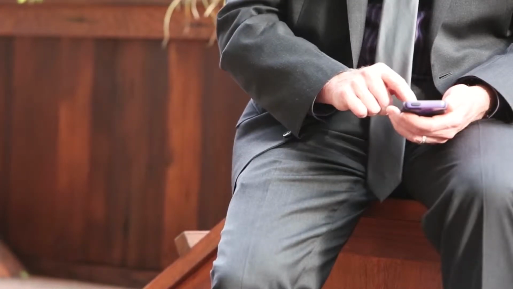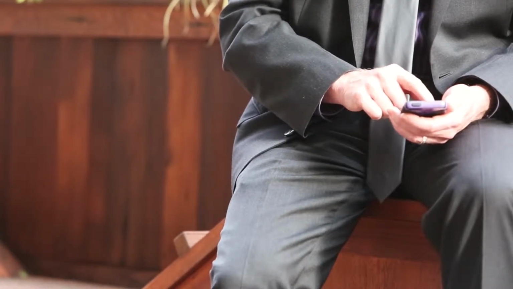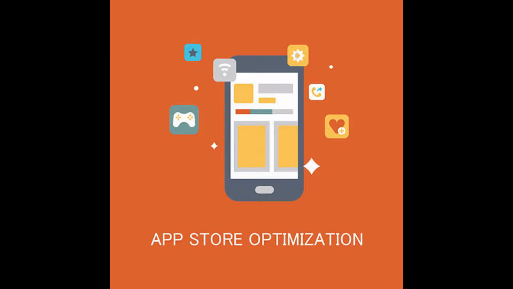Secondary factors. Total number of downloads. Now that our good feelings have been proven with data, what can you do to get more downloads for your app? Improving your ASO is a great place to start.